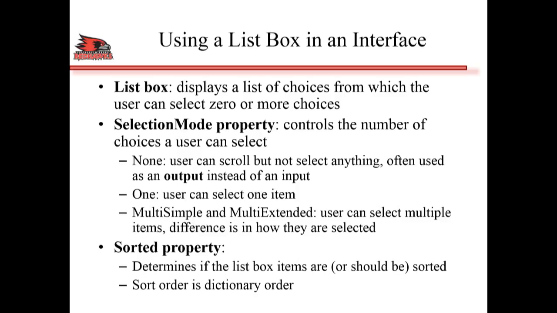In multi-extended, you have to hit Control or Shift if you want to make multiple choices. It's very similar to what you do when selecting more than one file or folder in Windows Explorer.